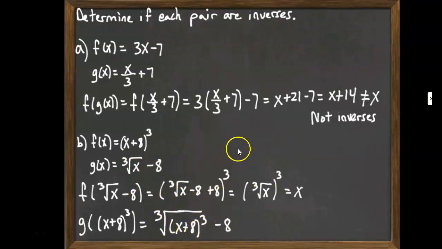Cube root of something cubed is just that thing. And so we'll have just x plus 8 minus 8, and then the 8's cancel out and we get x. And so in this example, we are dealing with two functions that are in fact inverses of each other. So these are in fact inverses.